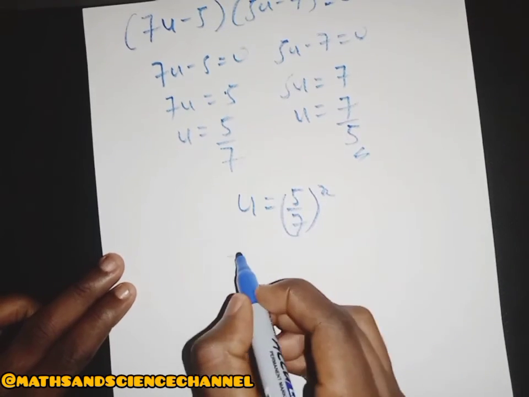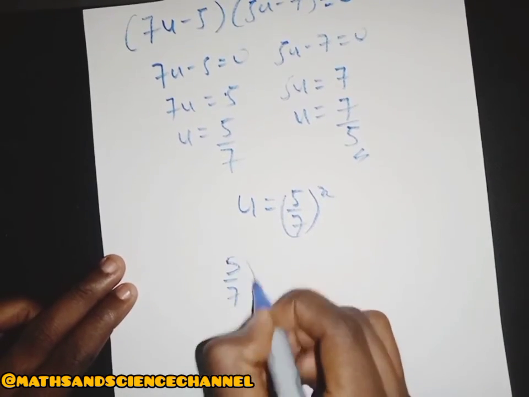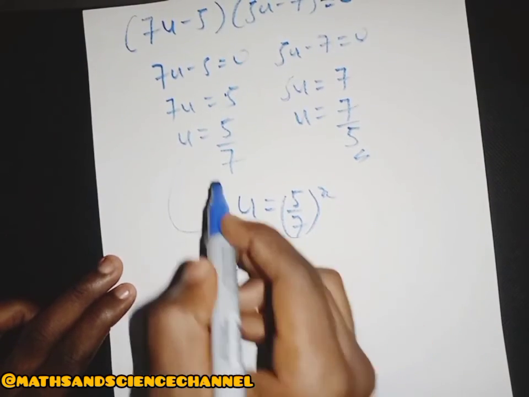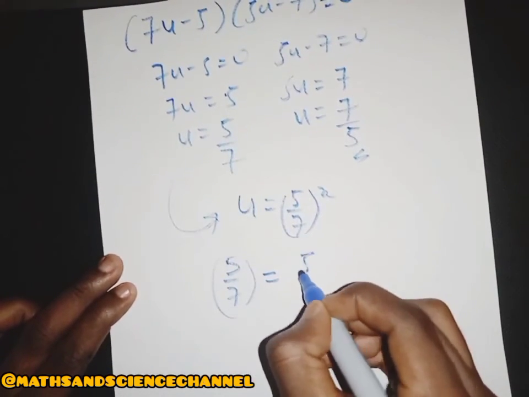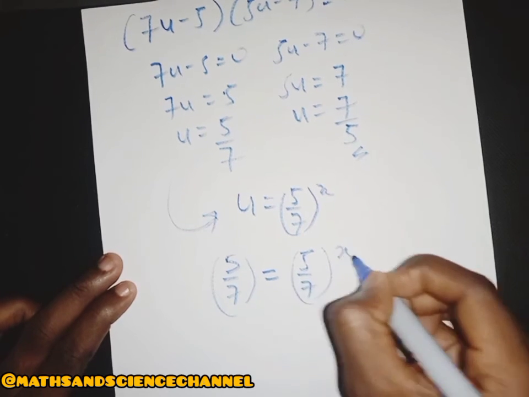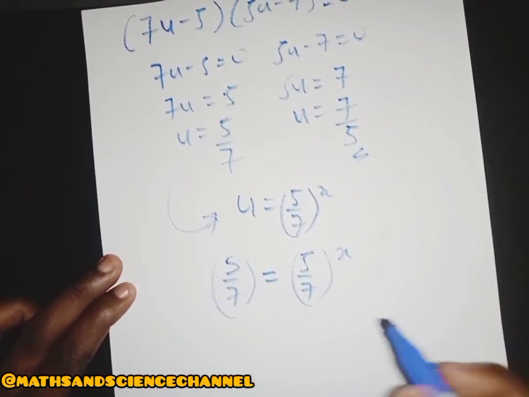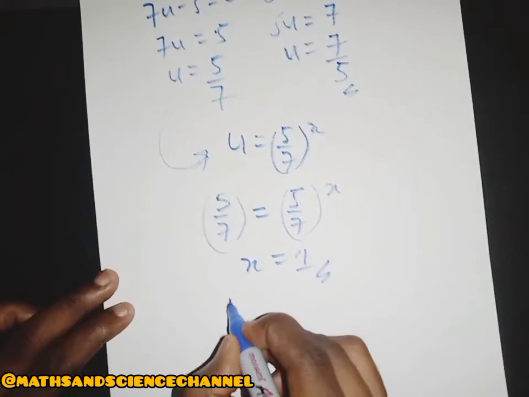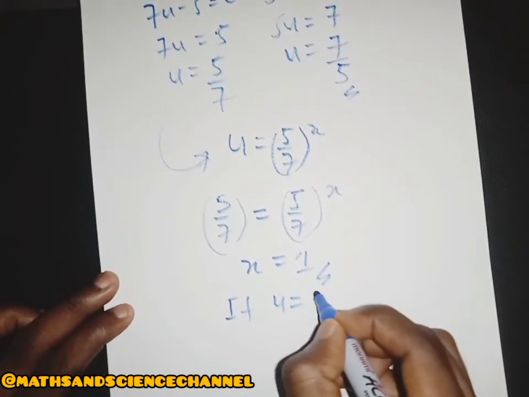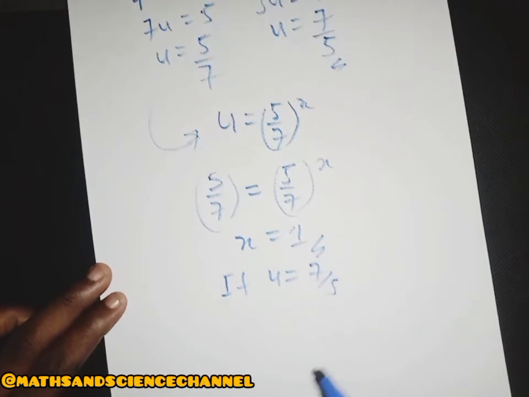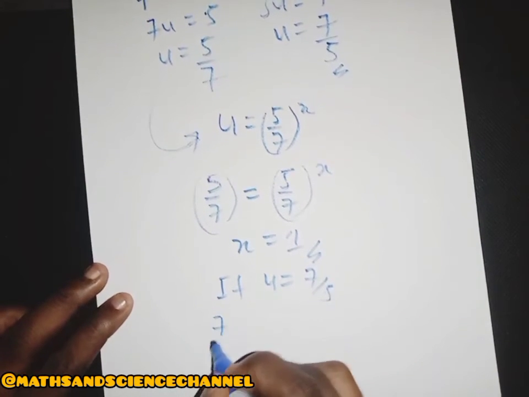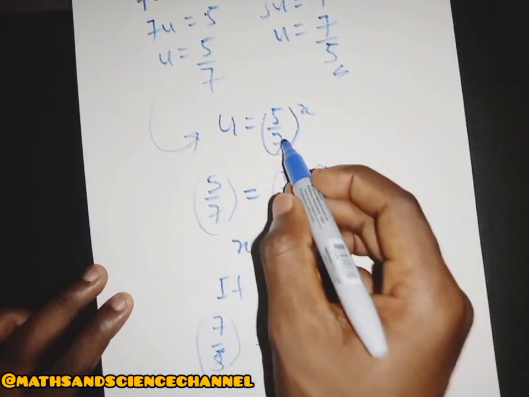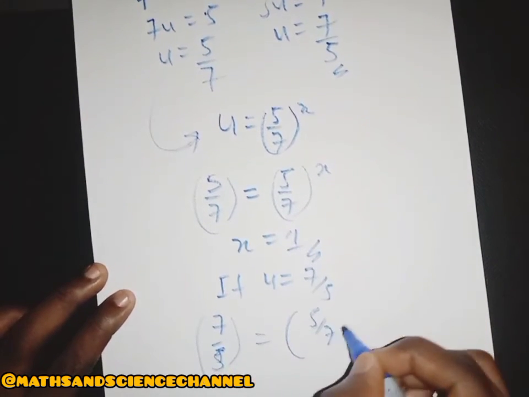If u equals 5 over 7, then we have 5 over 7 to the power x equal to 5 over 7. Since the bases are the same, we just equate the exponents, so x is equal to 1 in this case. But if u is equal to 7 over 5, then 7 over 5 is equal to 5 over 7 to the power x.